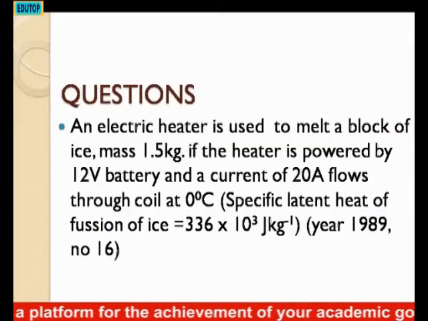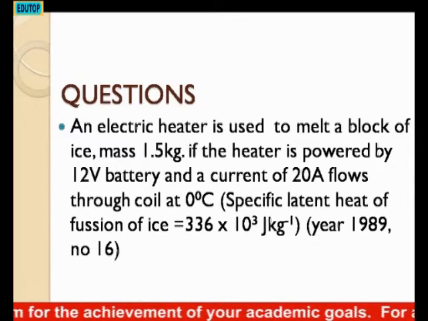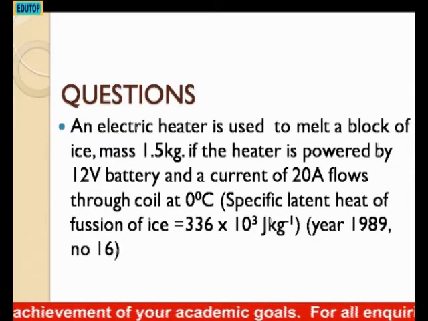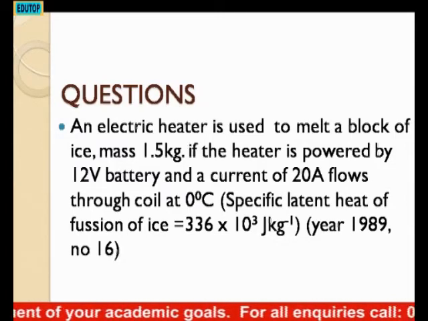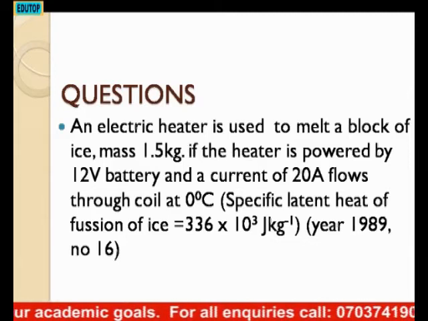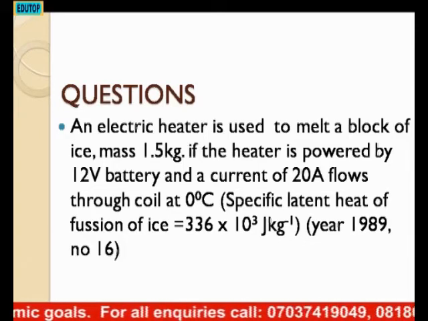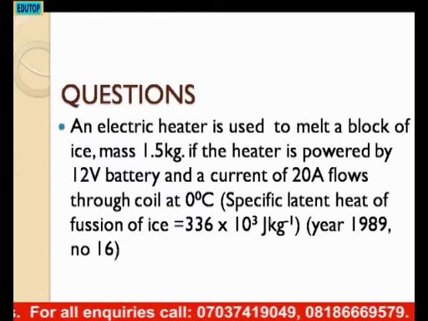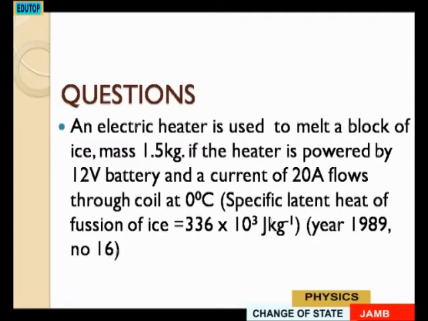An electric heater is used to melt a block of ice of mass 1.5 kilogram. If the heater is powered by a 12-volt battery and a current of 20 ampere flows through the coil at 0 degrees Celsius, calculate the time the whole process takes.